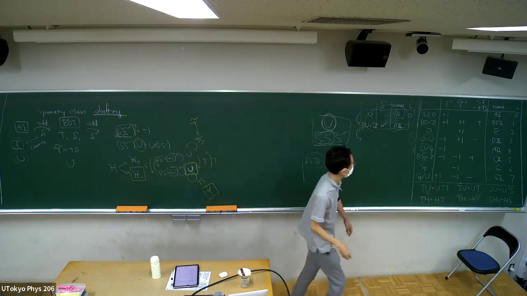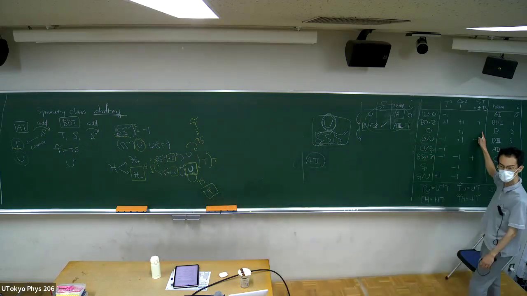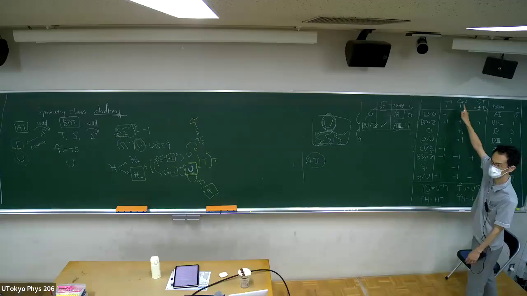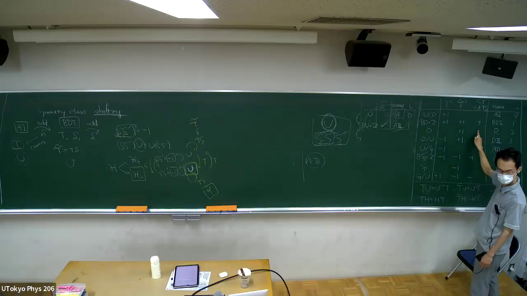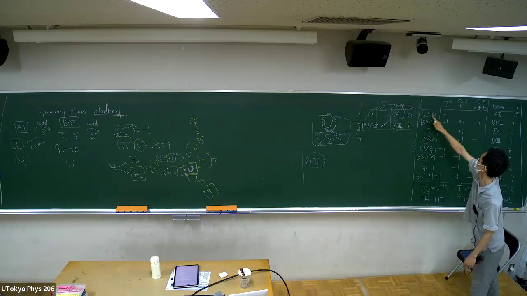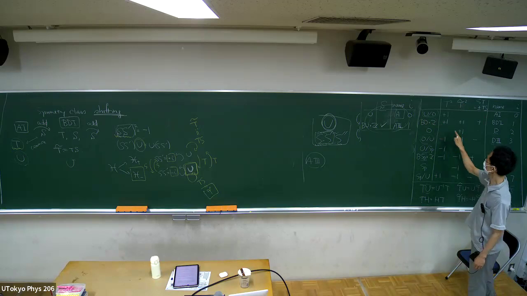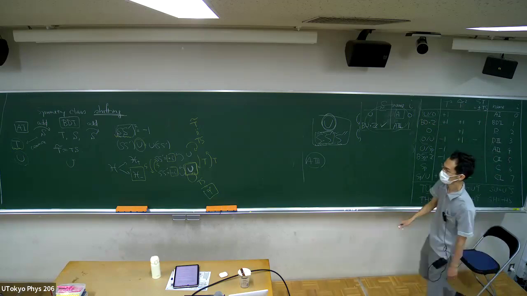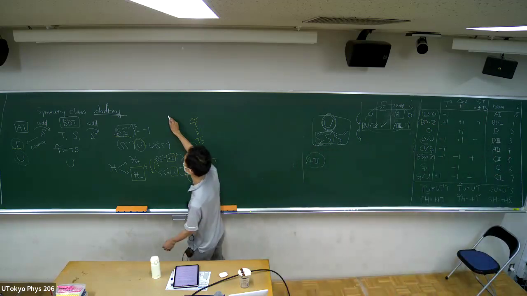That's exactly class D, because you just have T twiddle, no S, and T twiddle square is the T twiddle square of this previous one. So that's exactly class D. So now you have class D here. This is class D.